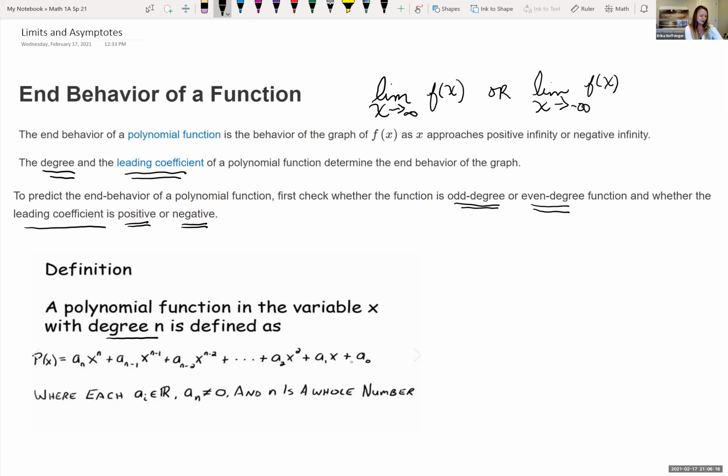So that looks a little daunting sometimes, especially the first time that you see this, but all this is saying is that this number in front of your variable x, this a sub i, is contained in the real numbers. So mathematically, this funky e means contained, and that R with the 2 vertical lines to make that capital R means the real numbers.